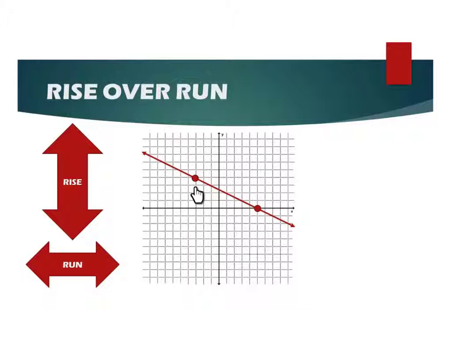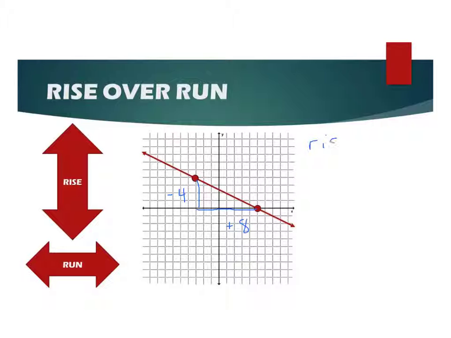From the point furthest to the left, we're going to go down 1, 2, 3, 4. We went down, so that's a -4. And then we're going to go to the right 1, 2, 3, 4, 5, 6, 7, 8. Since that's to the right, that's a +8.